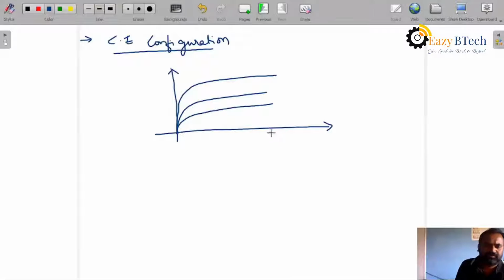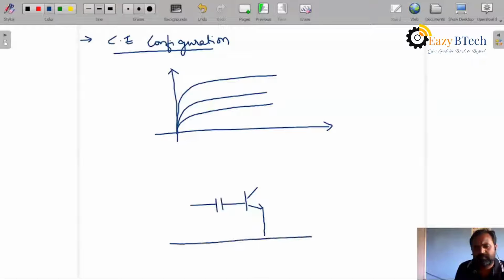Now, for the transistor in common emitter configuration, we have a capacitor, the resistor RB, VCC, RC.